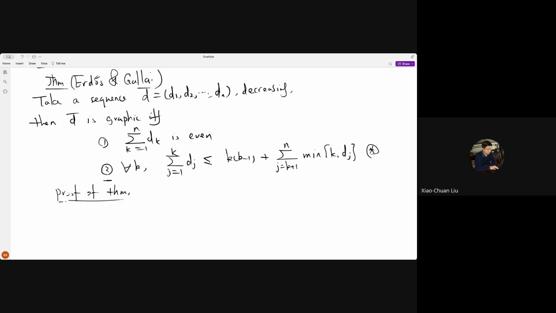For the theorem, we use a kind of induction scheme. The theorem is true for D bar.